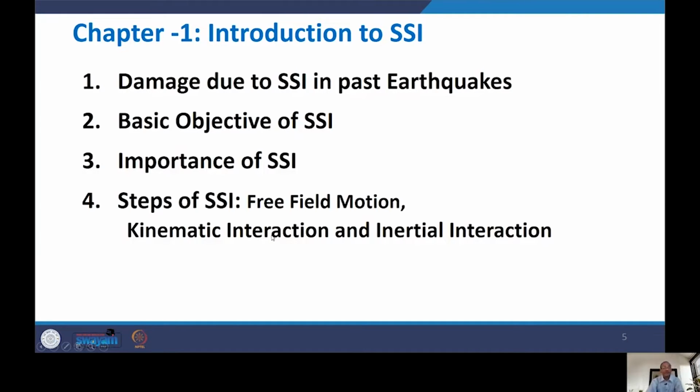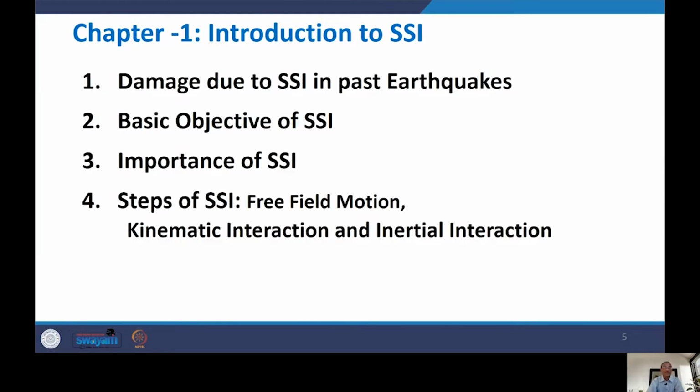But before we talk about that, one thing is important, that is what SSI itself is. Though the term soil structure interaction looks very complicated, basically what happens is that when your structures, like buildings, are situated on soft soil or loose soil, then during the earthquake or during the shaking, the response of the structure is very much changed due to the response of the soil.